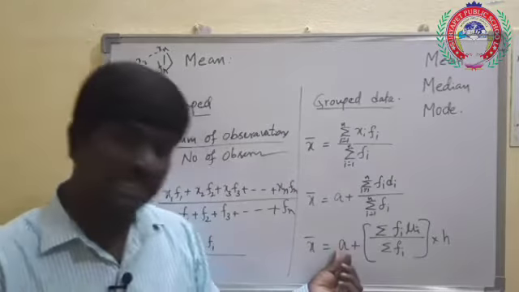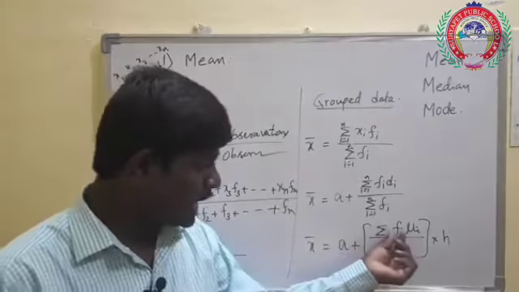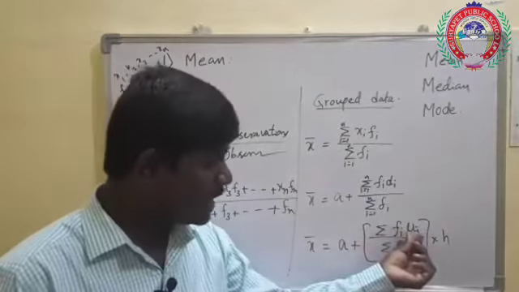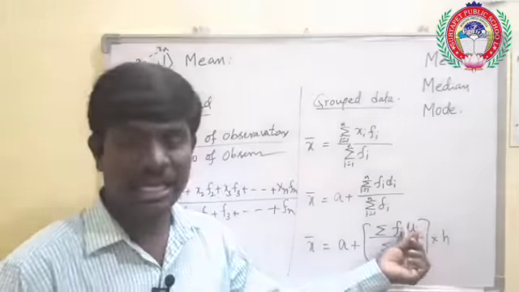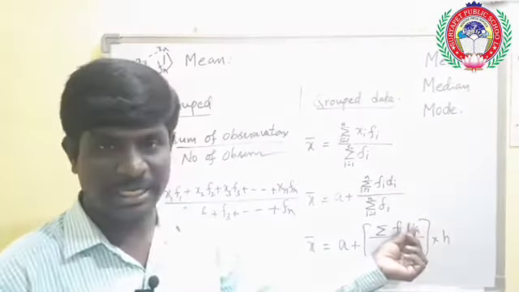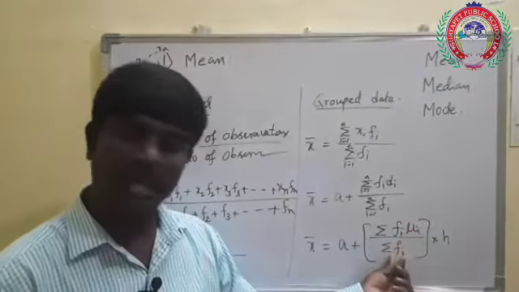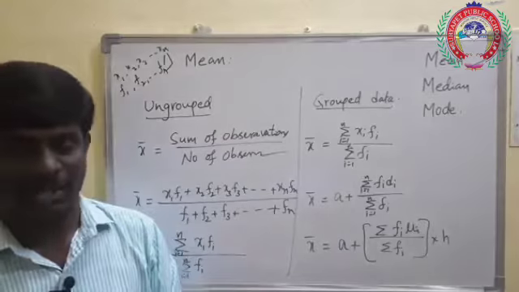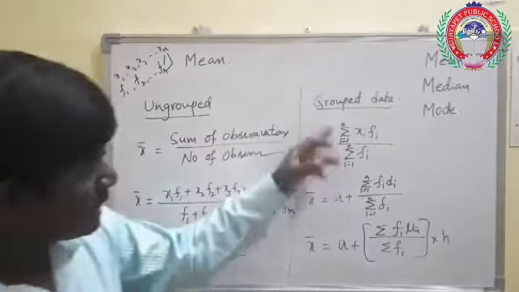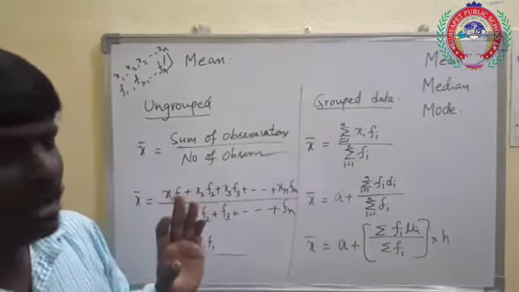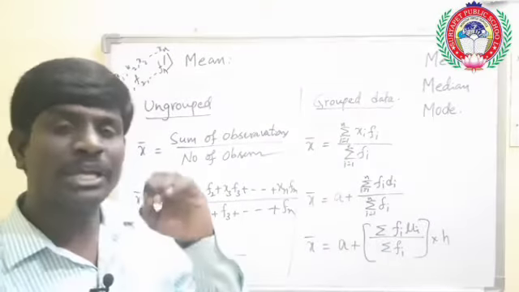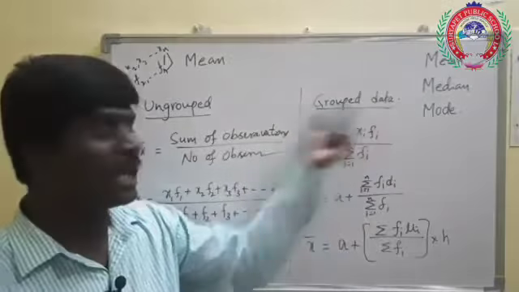Here a is the assumed mean, fi is the frequency of a particular class, ui is the deviation of a particular class, sigma fi is the sum of all frequencies, and h is the class interval. So by using any one of these three formulas, we can find the mean of grouped data.